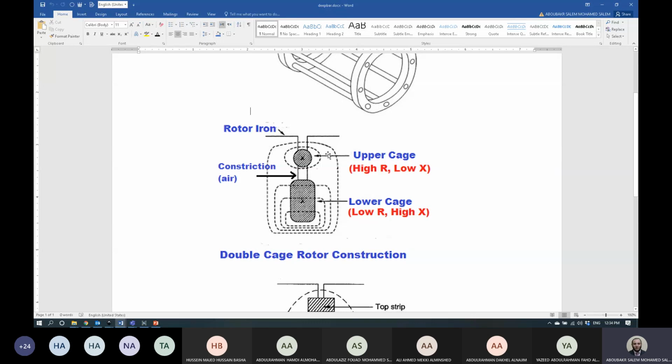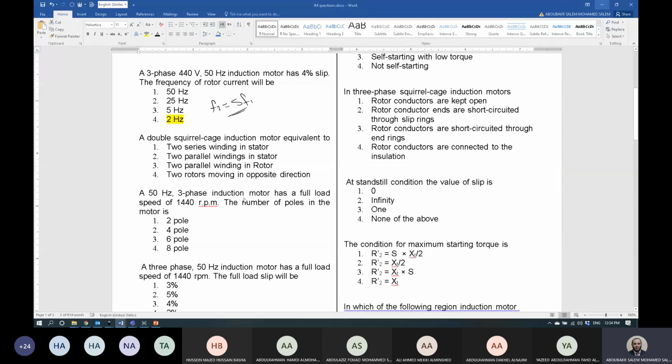However, at steady state the flux will be at a small frequency, so it will move in this area. In this case, we will have higher resistance due to the small cross section, which is needed for starting the induction motor safely at small current. After that, the small resistance will be attained by the other cage, the lower one. This helps in starting the machine at lower current. So the right answer here, as you already mentioned, is 2 parallel windings in rotor.